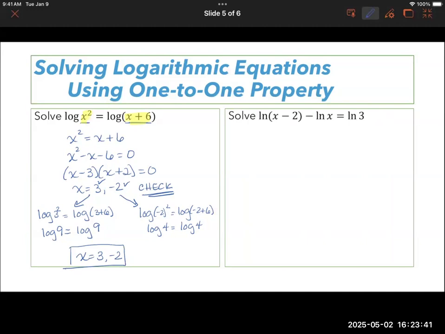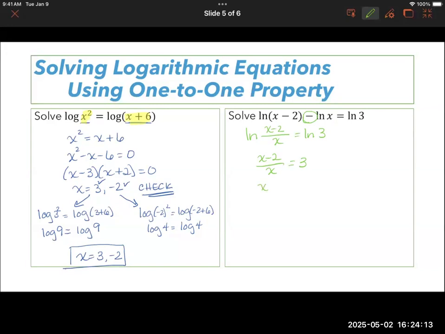But we know from our properties that that subtraction means I can combine these natural logs into x minus 2 divided by x. And so when I combine those 2 natural logs on the left side, then I have an equation that fits the one-to-one property.